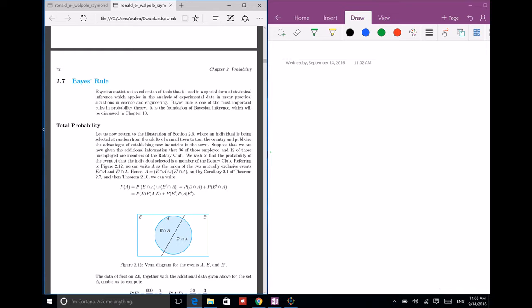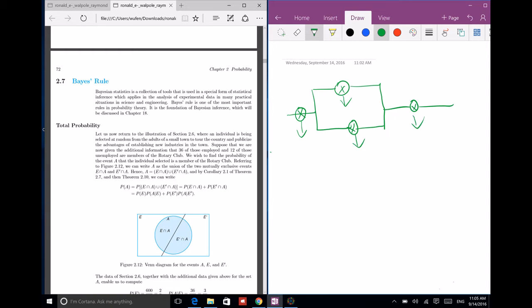So the Bayes rule is very important, especially in the engineering department. It is used a lot, as you're going to see in an example later in your homework. For example, sometimes you have parts here, and each one has a probability of being defective.